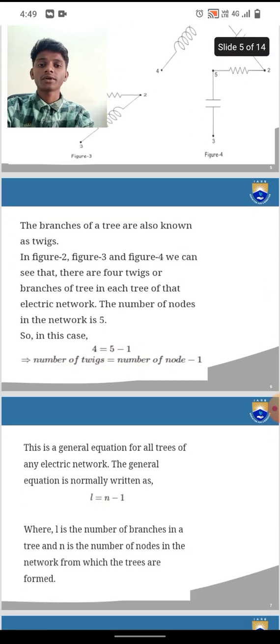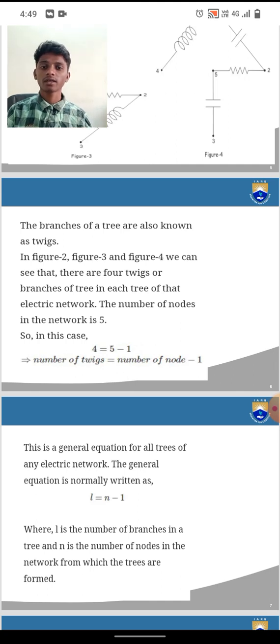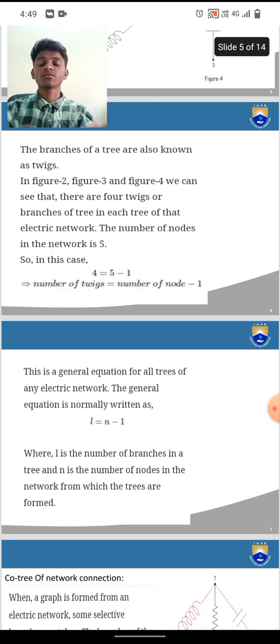The branches of a tree are also known as twigs. In figures 2, 3 and 4 we can see that there are four twigs or branches of the tree, and the number of nodes in the network is 5. So 4 is equal to 5 minus 1: the number of twigs is equal to the number of nodes minus 1. This is the general equation for trees in electric networks.